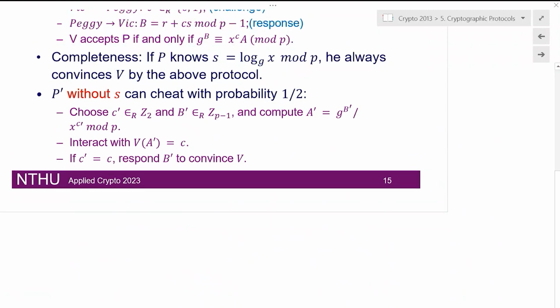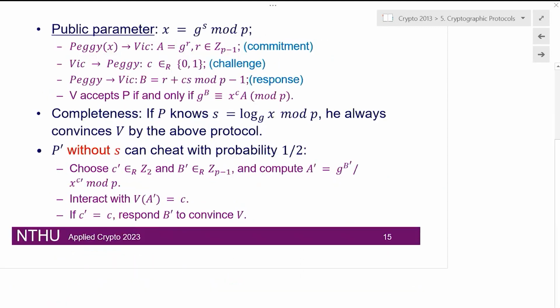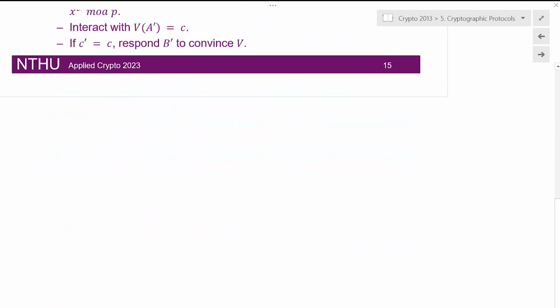But essentially, what we are going to do is design another scheme that would help us identify the user, but now using the discrete logarithm problem. Every user has a public key and a secret key. So let's see how we can design this system using the discrete logarithm problem.